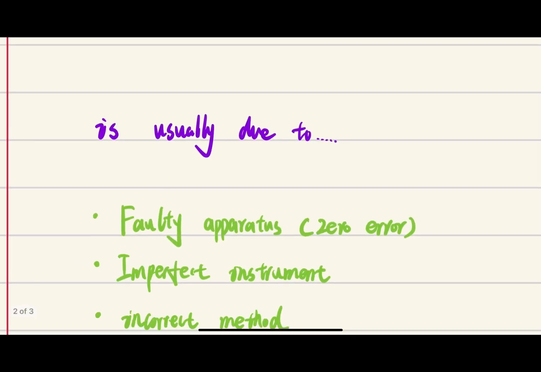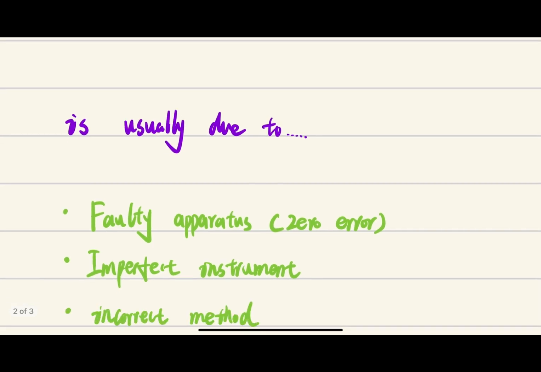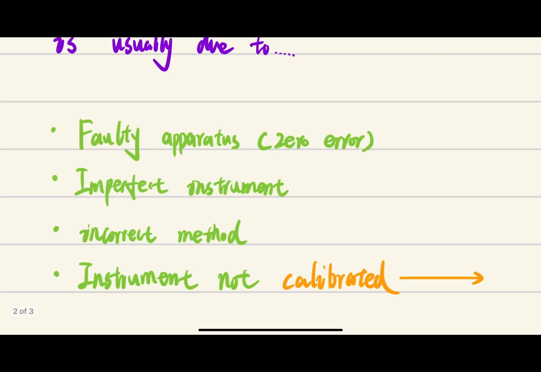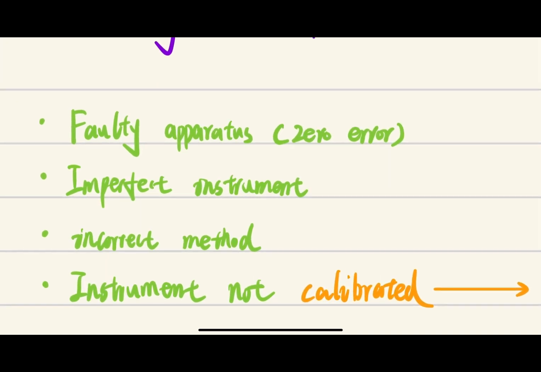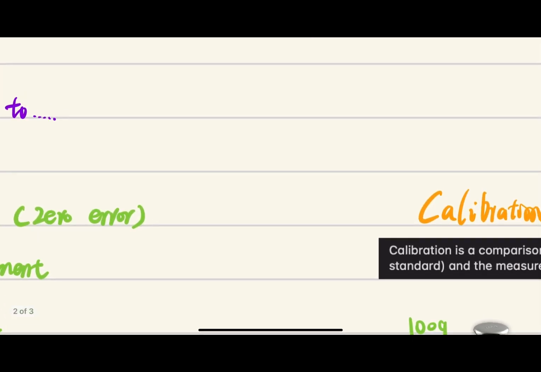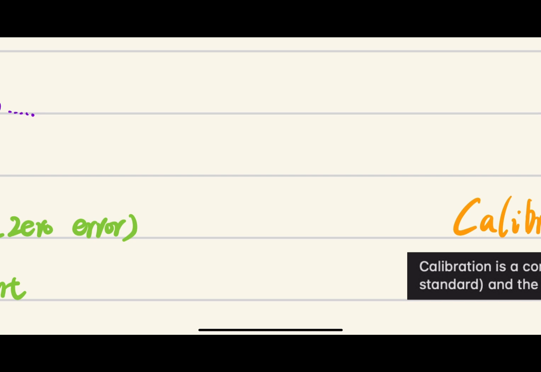Systematic error is usually due to the following reasons. The first one is the faulty apparatus, your zero errors. Let's say I have a stick here and I'm trying to measure the length of this stick. You have a ruler, and we know that our ruler doesn't really start from zero.